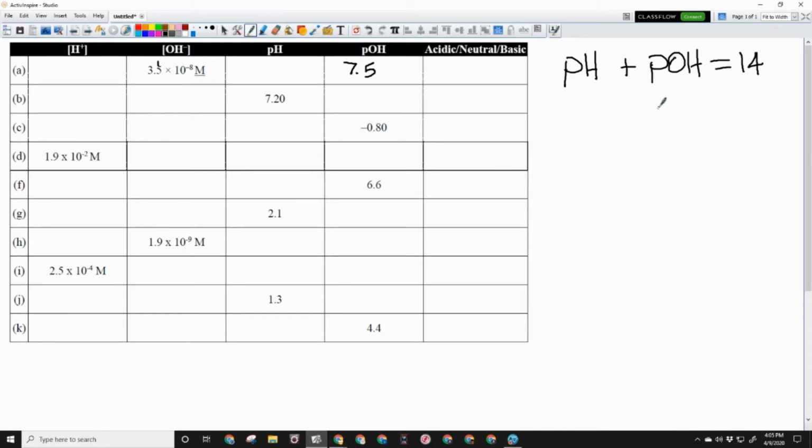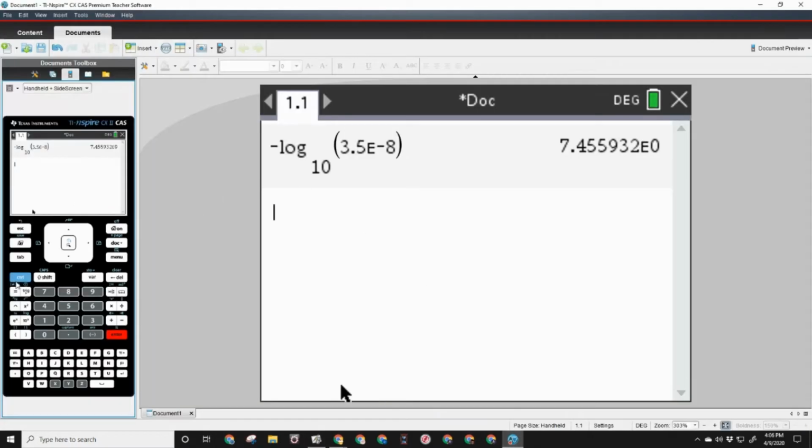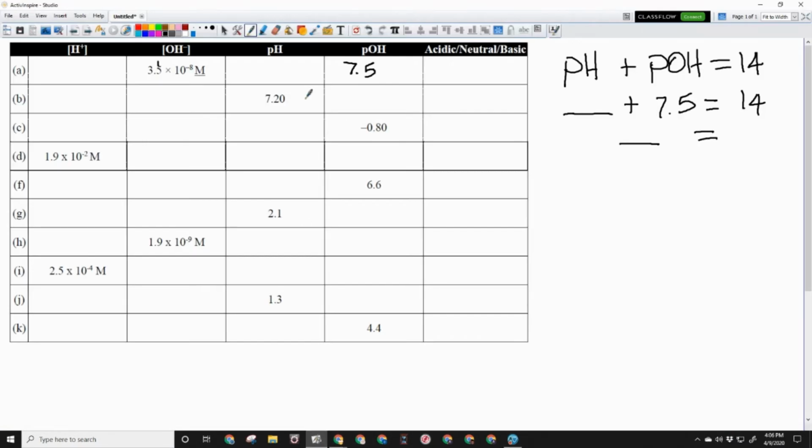So if we know the pOH is 7.5, so blank plus 7.5 is equal to 14. So if I subtract 7.5 from both sides, it's going to leave blank is equal to 14 minus 7.5, 6.5. So now I know the pH is 6.5.